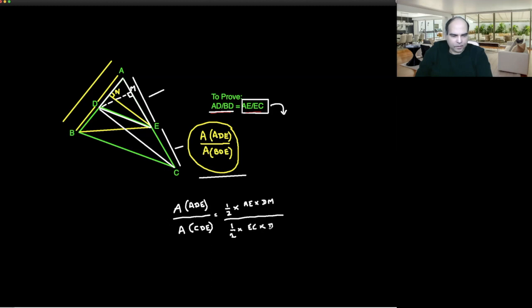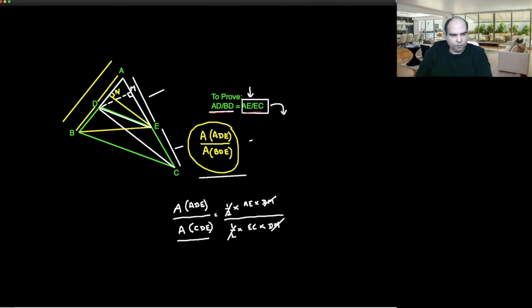And again, you can see that the half will cancel out and the DM will cancel out. And your theorem now on the right hand side is AE by EC. This right hand side of your to-prove logic has converted into two triangles.